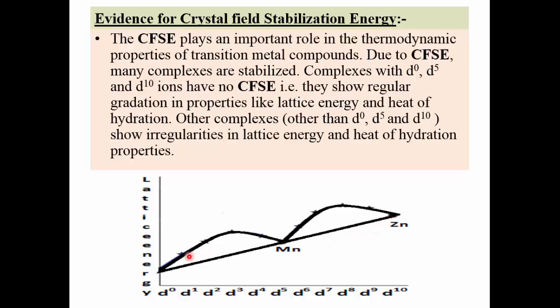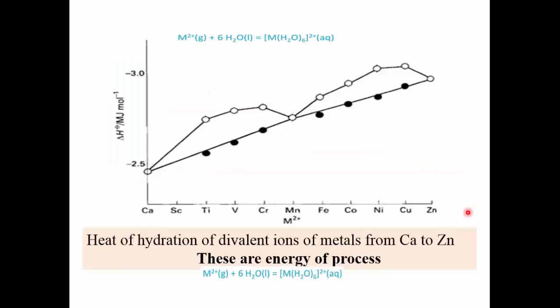But for the systems d1, d2, d3, d4, the lattice energy value does not increase regularly, that is irregular gradation. Similarly for d6, d7, d8 and d9, the lattice energy values increase irregularly. But when we subtract CFSE from these points, what happened? These points fall on this straight line. Follow? This gives the evidence for CFSE.